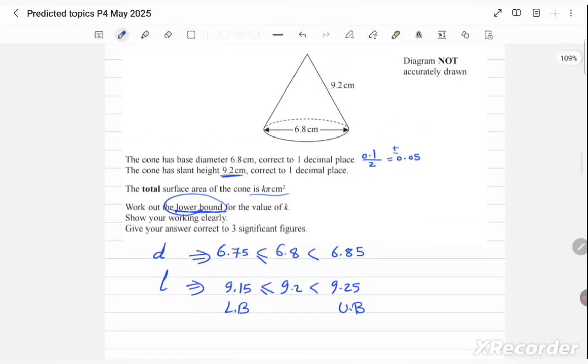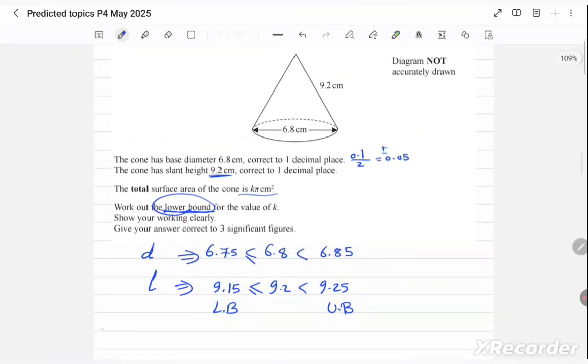The total surface area of a cone should be, okay, this circle, which is pi r squared, plus the curved surface area, which is pi r l.